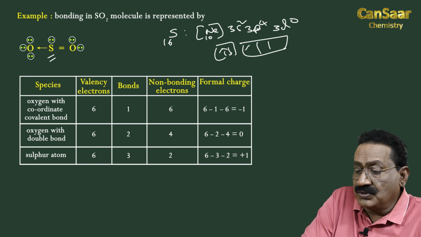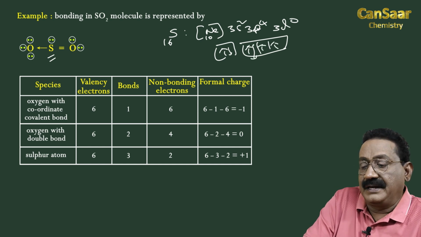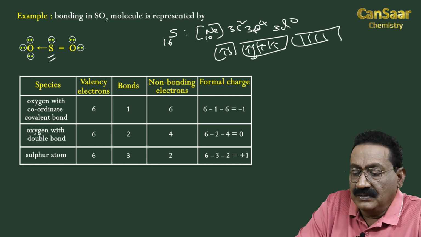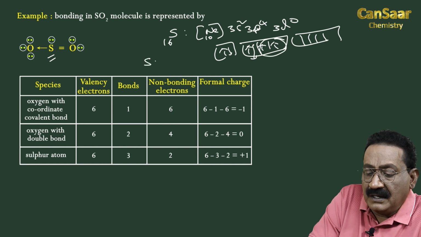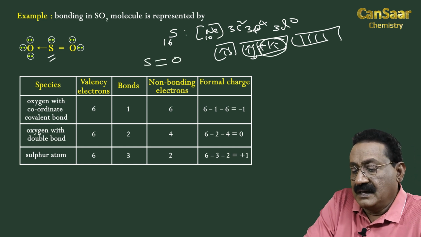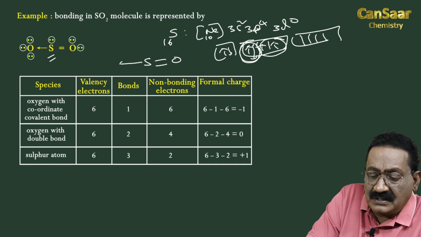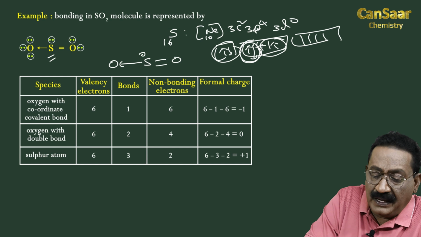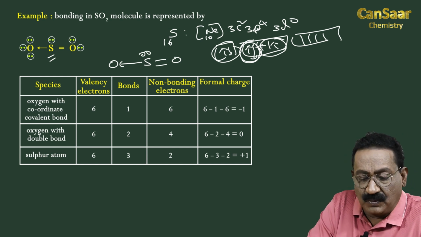In accordance with Hund's rule, the 4th electron is paired, and it has a vacant 3d. Now sulfur has 2 unpaired electrons forming 2 bonds with oxygen, and sulfur donating 1 lone pair to oxygen, and still it has 1 lone pair. So this is the representation of bonding in SO2 molecule.